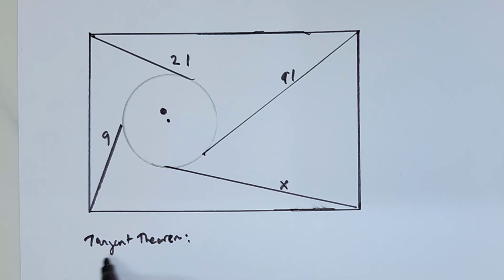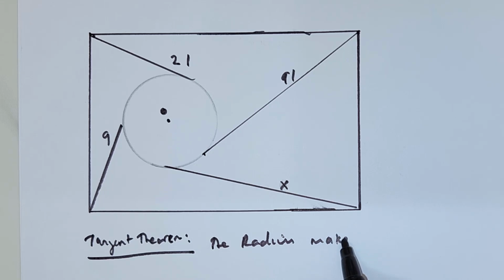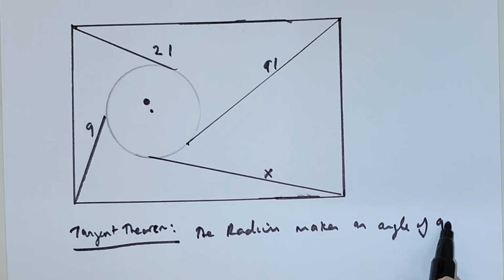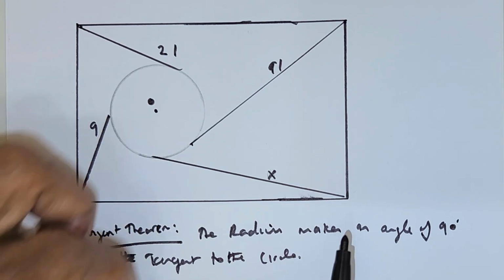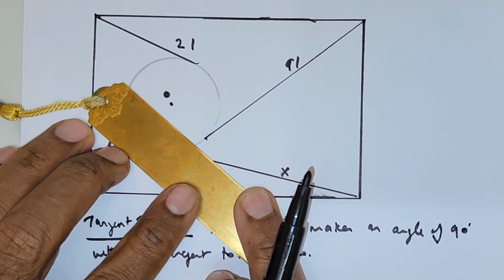By this theorem, the radius makes an angle of 90 degrees with the tangent to the circle. So there is a 90 degree angle here.